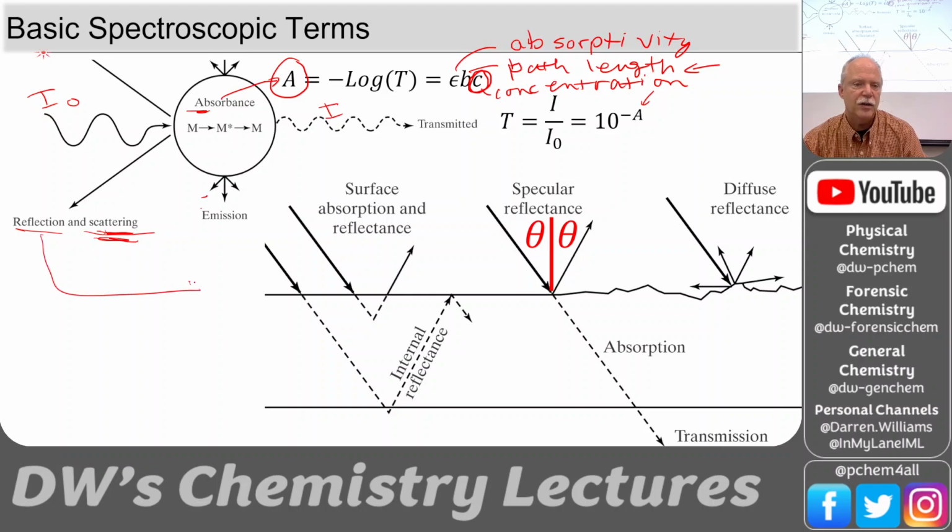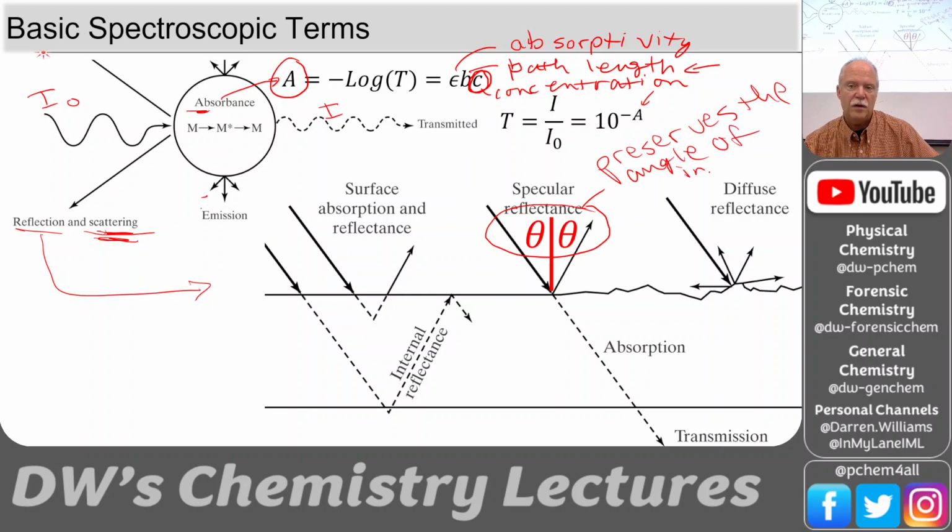Reflection is shown down here, and this is an area that we didn't really cover much, I don't think, in instrumental, but the two different types of reflection. We have specular reflectance, and this is the main point: it preserves the angle of incidence.